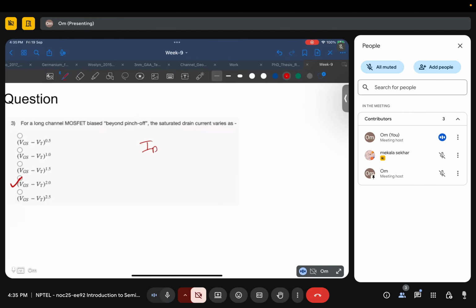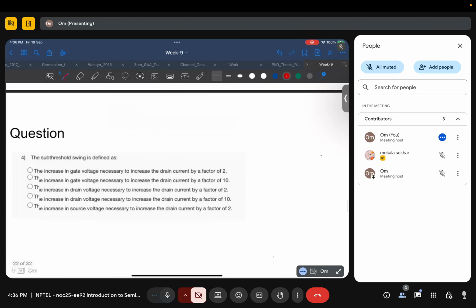We just saw ID is mu n C ox W by 2L VGS minus VT whole square. So this whole square term is there after saturation. Okay, next question.